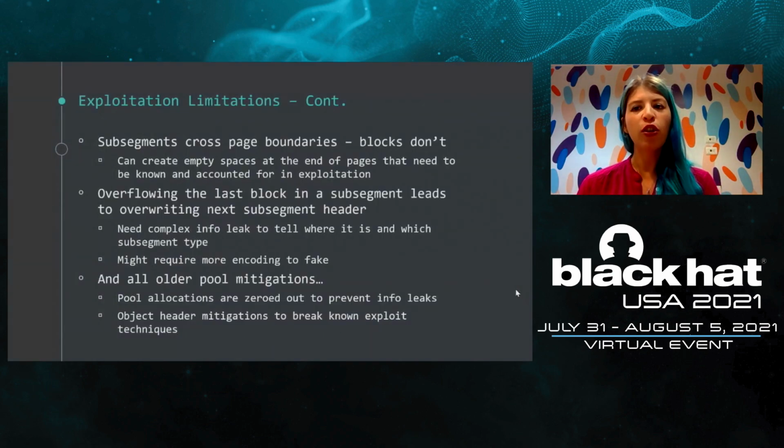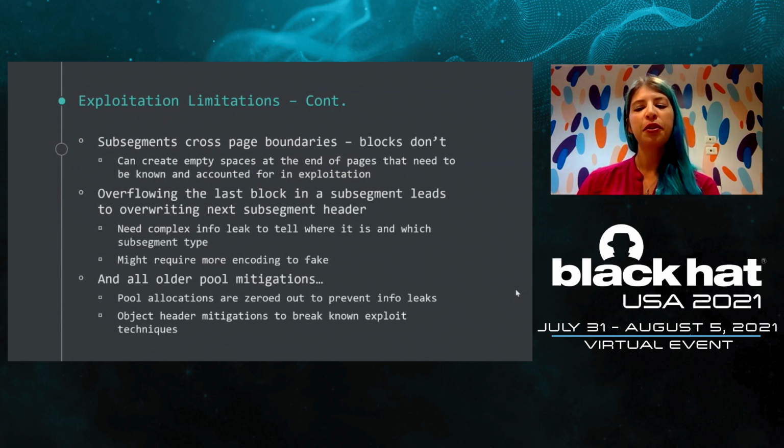And we also have all the different mitigations that were added before this change, such as the new allocation API that zeroes out allocations once they're made, meaning it removes a lot of the information leaks that used to exist. And now we need way more information leaks to, for example, encode and fake pool headers or decode pool headers if we can read them, which makes it even harder.